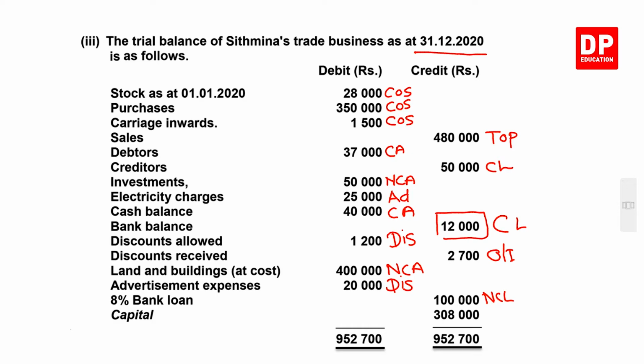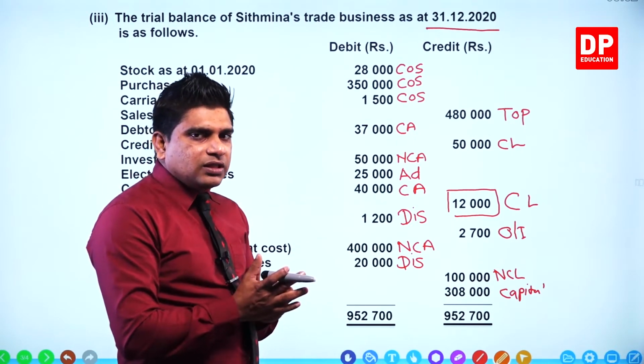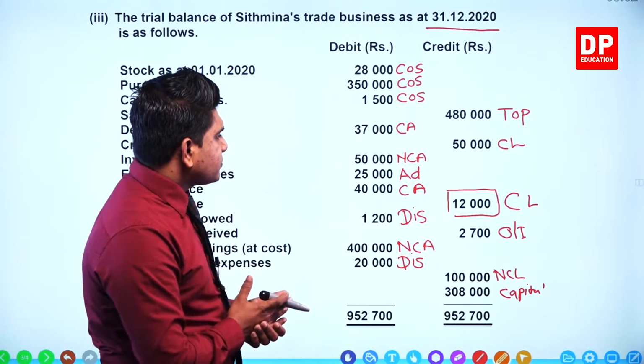Last one is capital. Capital is capital. After recording the non-current and current assets, we start the liability side with the capital balance, right? These are the details.